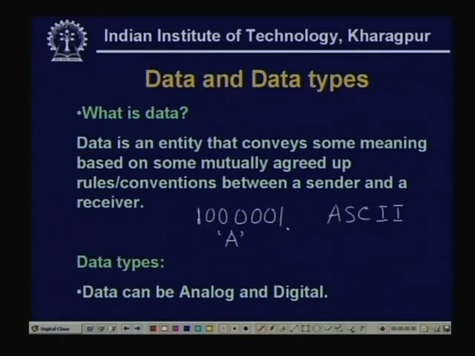So now it has become data. Until the receiver is able to interpret it, it is not data.